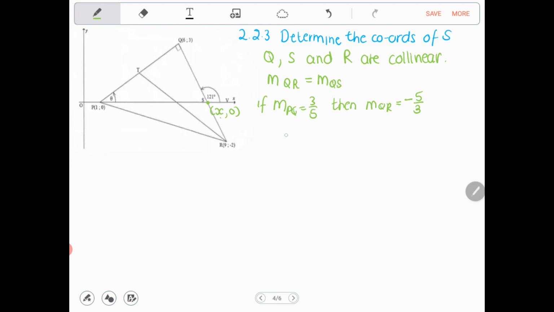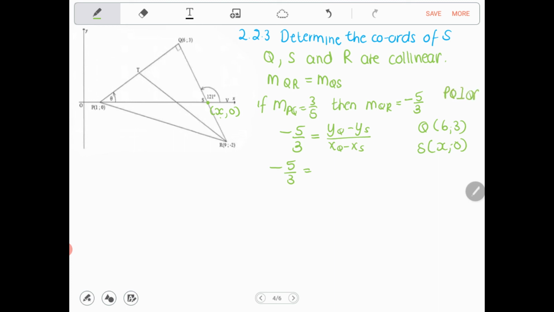So negative 5 over 3 is equal to the y at Q minus the y at S over the x at Q minus the x at S. Now let's see. Q is (6, 3), and S is (x, 0).